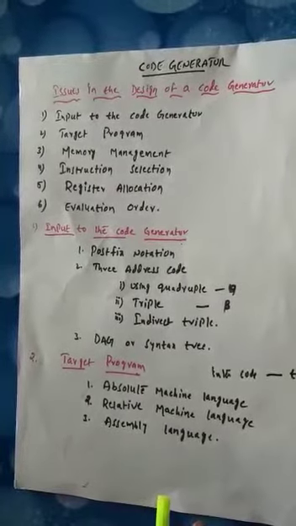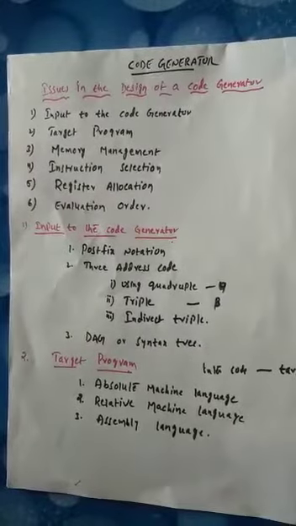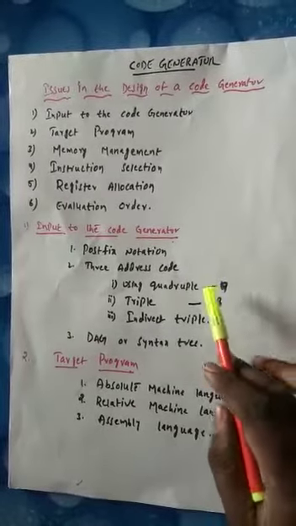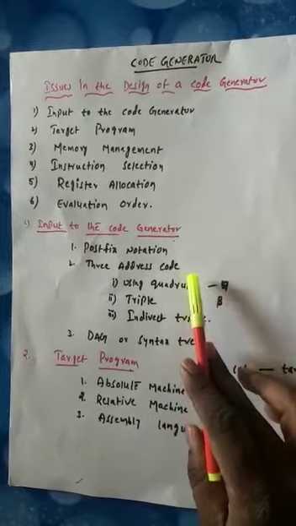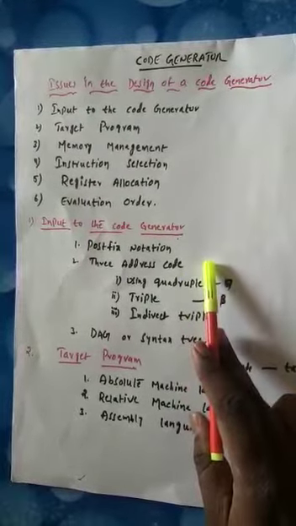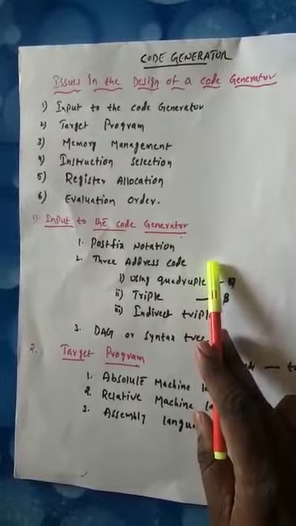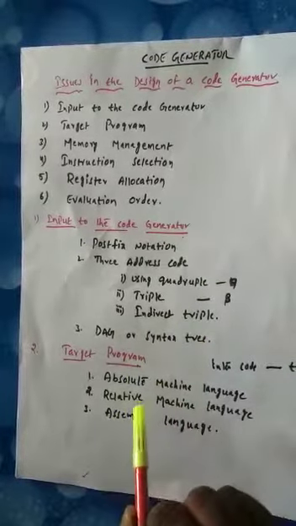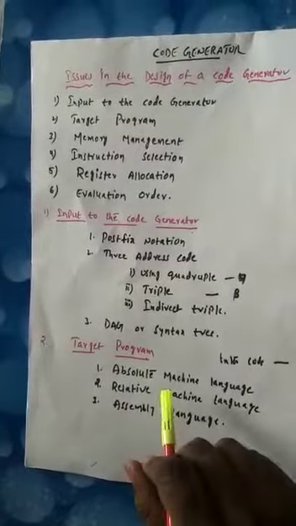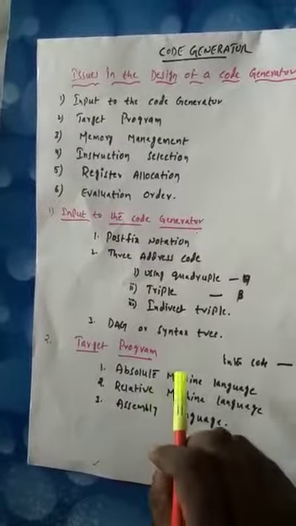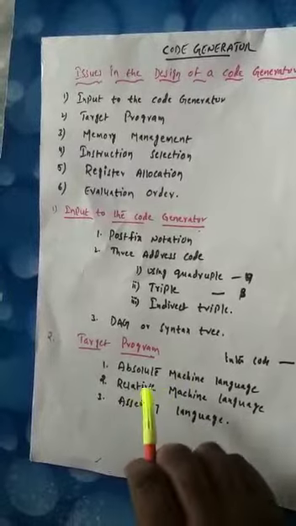Out of the six, the first one is input to the code generator. Code generation is the last phase of the compilation process, and it accepts input from the code optimizer or intermediate code generator.